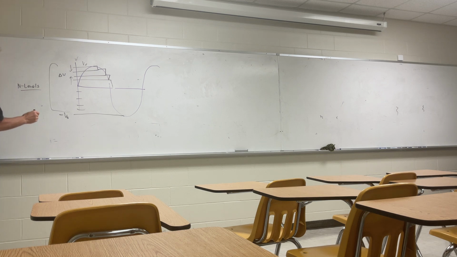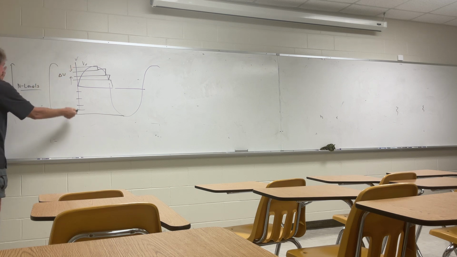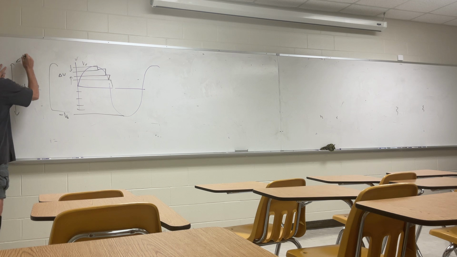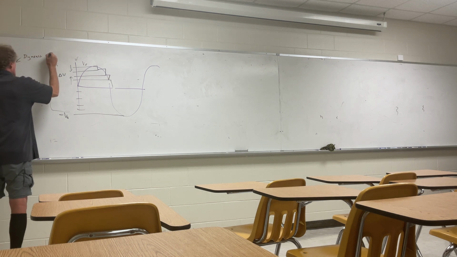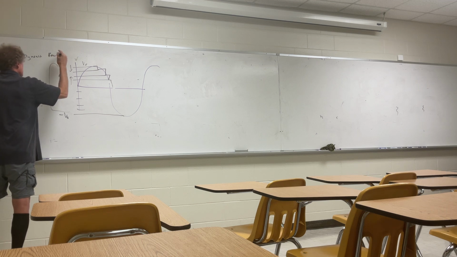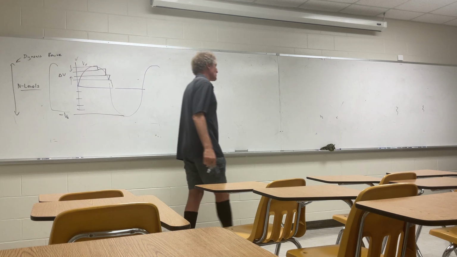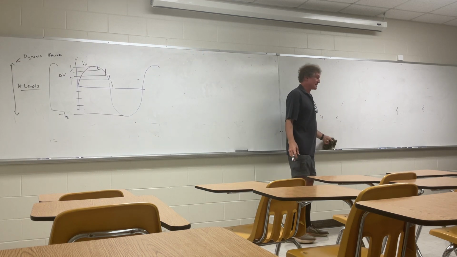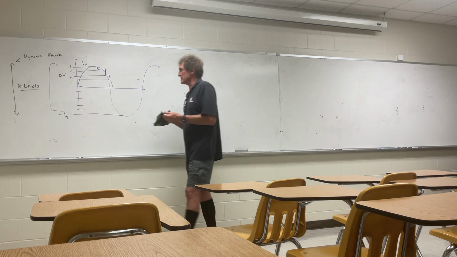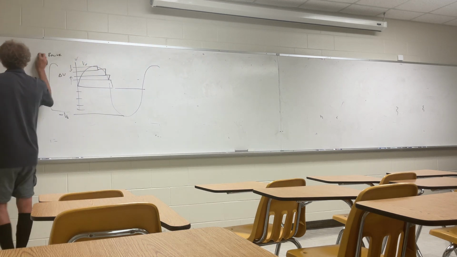So the range would be from the maximum possible positive to the maximum possible negative. Actually, that's incorrect. That's the total range. I'll explain dynamic range in a second. So this is the range that you get.